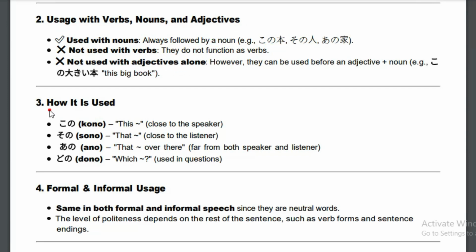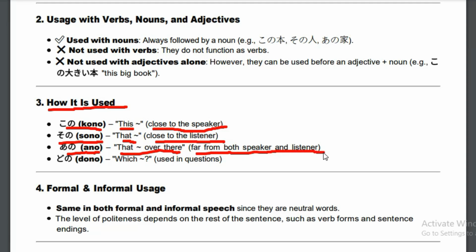And how are they used? Kono is used for this, close to the speaker. Sono is used for that, close to the listener. Ano is used for that, over there, far from both the speaker and the listener. And dono means which, and it is used in questions.